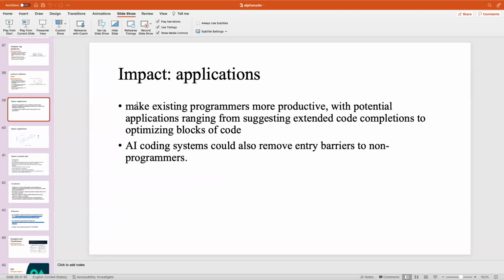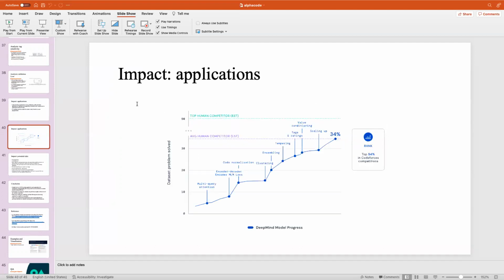And yeah, here are some impacts of the model. So some possible applications such as making existing programmers more productive, suggesting extended code completions, optimizing some code, and some AI coding systems could also remove the entry barrier for non-programmers. So there are some possible future applications, and here is a roadmap of the model by DeepMind.